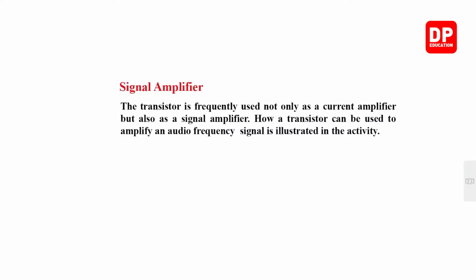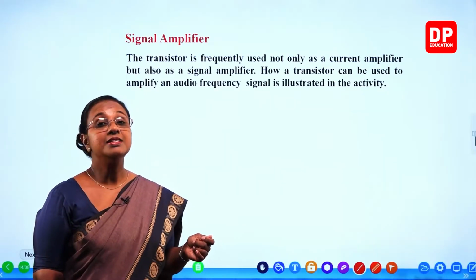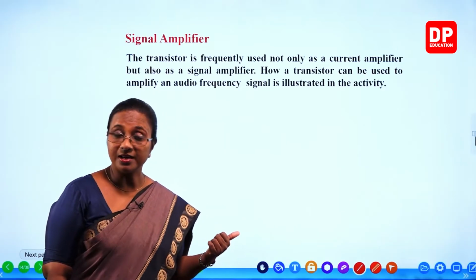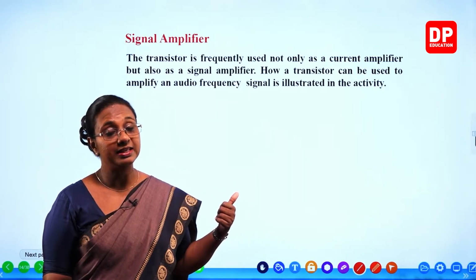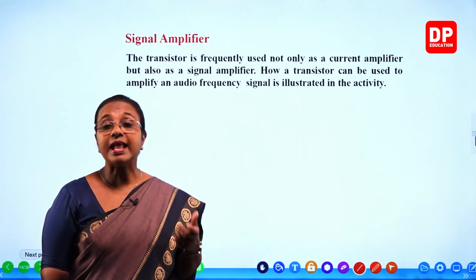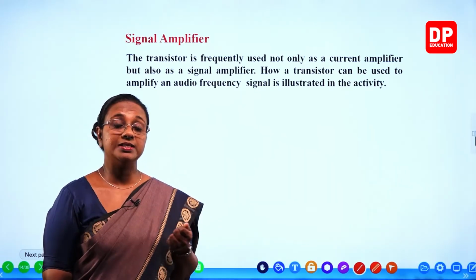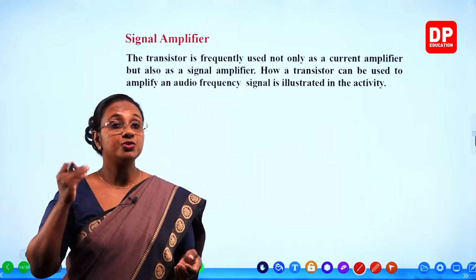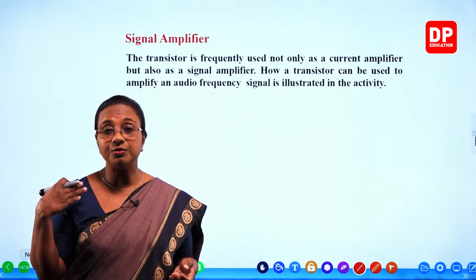Here we look at the second function, again an amplification process of transistors, but here we observe the transistor as a signal amplifier. Earlier it was the current amplifier, now it is the signal amplifier. When we say signal amplifier, we can amplify audio frequency signals. You all know what audio frequency signals are. This is the frequency that you can hear.